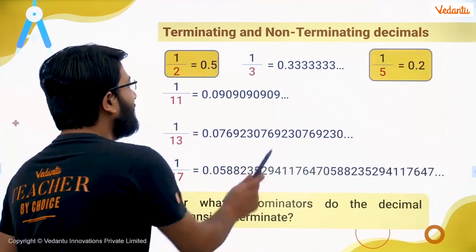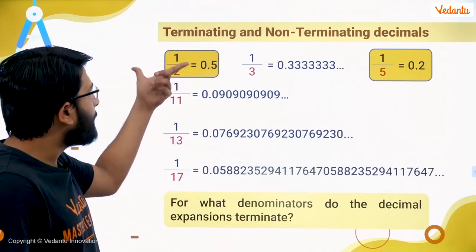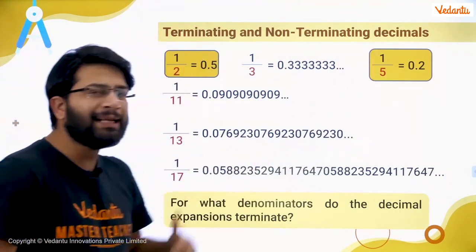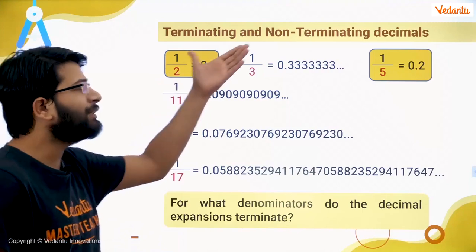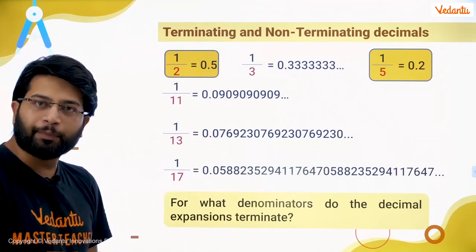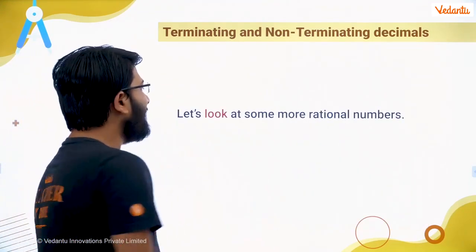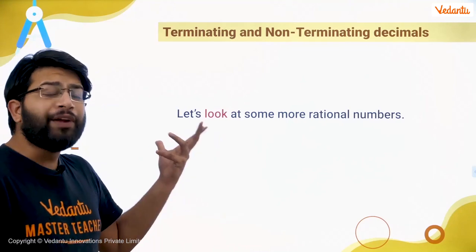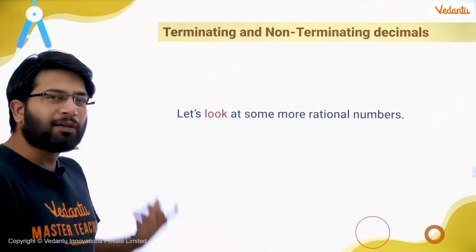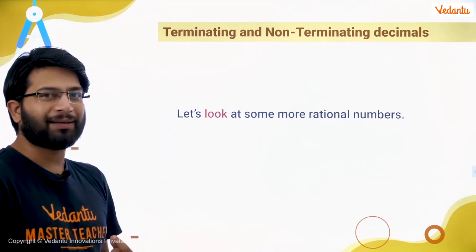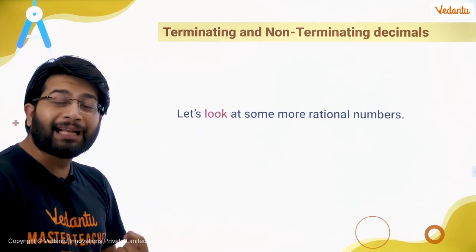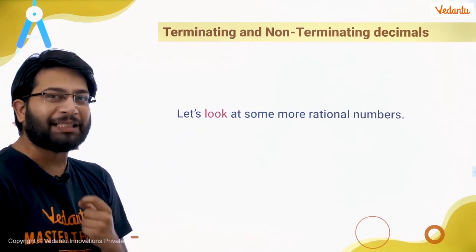Let's figure it out. Where I have 1 upon 2, 1 upon 5, the decimal forms of these fractions are terminating, right? Now, on the basis of the denominator, can we figure out which decimal expansion is going to terminate and which is not?